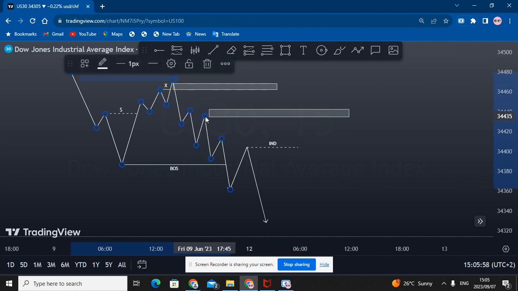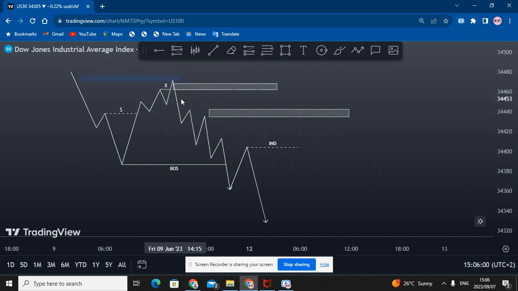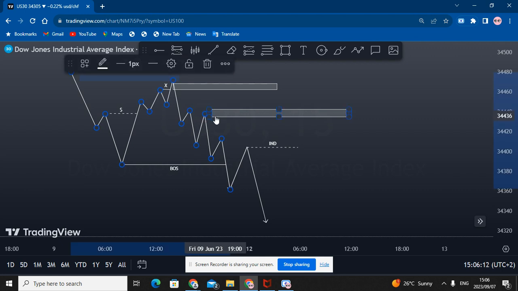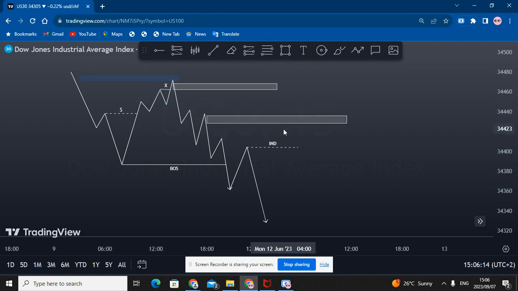So if it just turned there, the only high probability order block we have there is that one, because it broke a certain high. As long as this order block did not break that high, then we don't have any high probability order block there. So we can have an order block there and call it SMT, and we can have another one here and call it SMT.